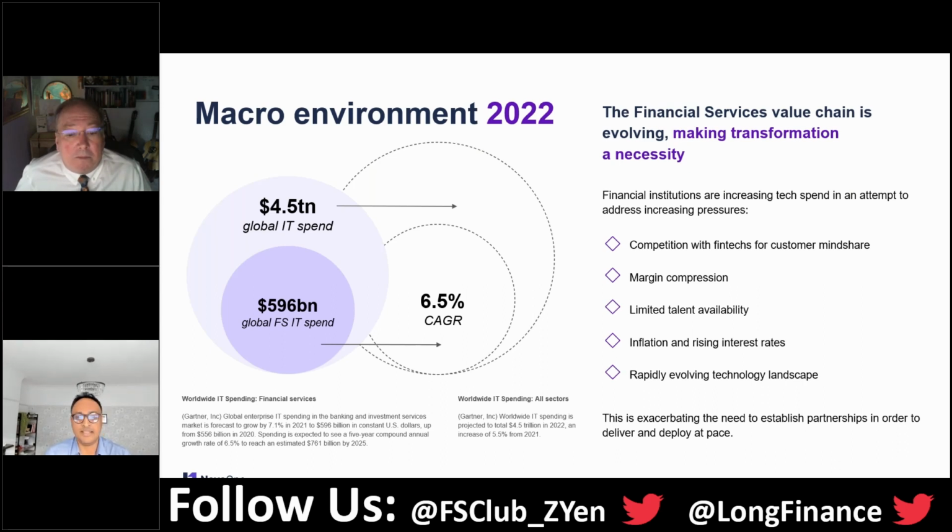The other big thing accelerating the need for innovation in financial services is, as we spoke about, changing customer expectations. If you're using Uber or Deliveroo, we've been using that for 5 to 10 years now, and it's part of our daily life.